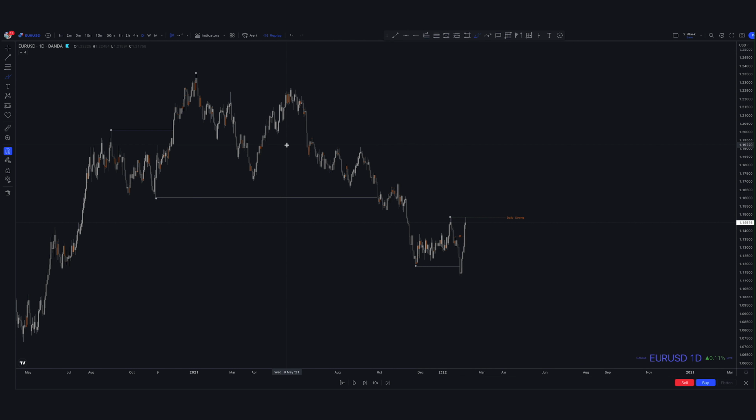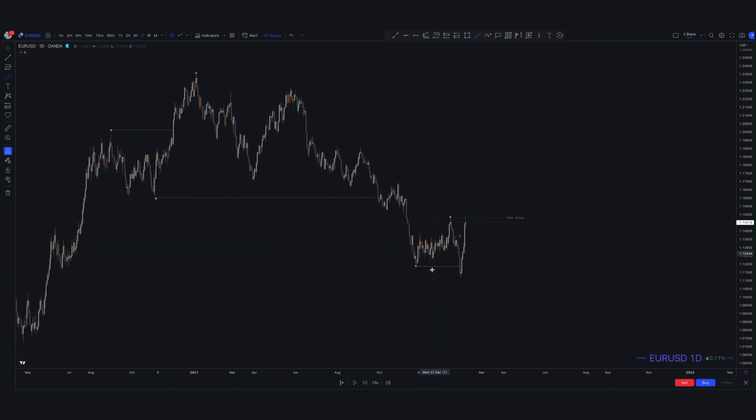But again, because we had this switch of direction to the swing on the daily to bearish, we expect that price will continue bearish until we see a bigger switch of direction, and then we start making higher highs, which will be a bigger pullback.